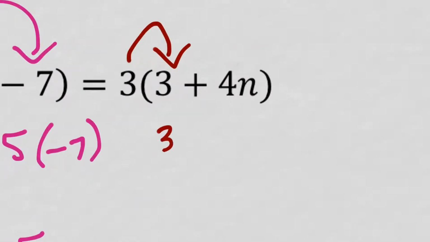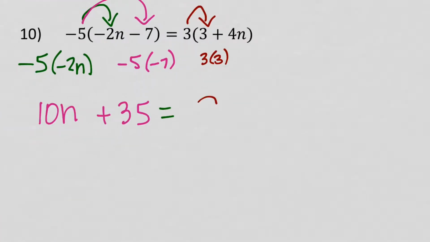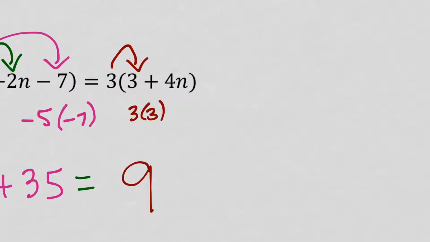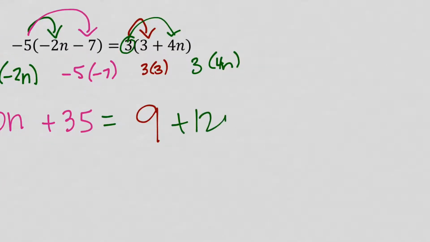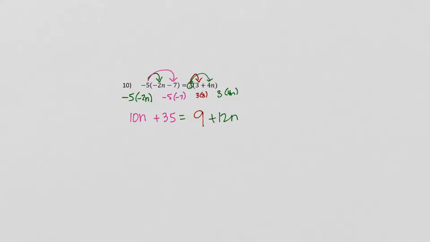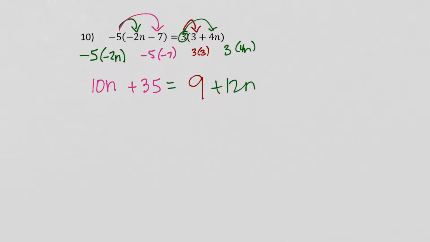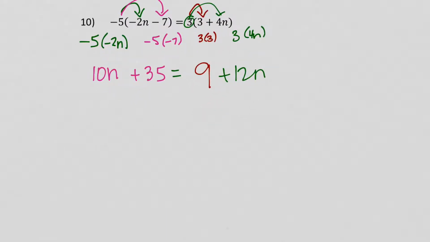So 3 times 3 is 9. And last here, 3 times 4n, positive, is positive 12n. 3 times 4 is 12. So now I have to solve for n. Which n is smallest?